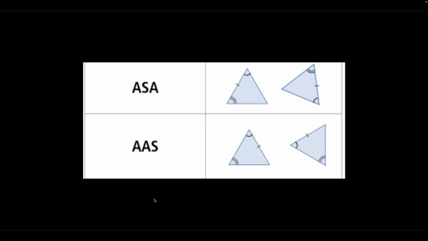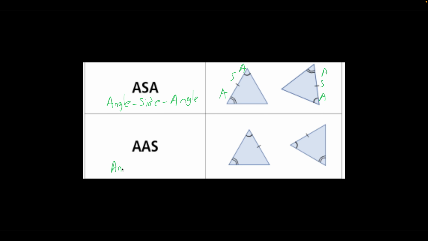Two more congruency theorems. ASA: angle, side, angle, and the side must be between the two angles. So angle, side, angle; angle, side, angle. Good to go.